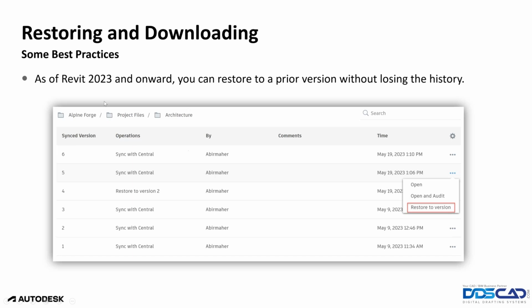And so beyond that, as of Revit 2023 and beyond, you can actually restore to a prior version directly without losing the history, which is pretty nice. So you click here, restore version, and then it'll actually allow you to restore from that previous version directly in here. Next time you open, you're looking at the previous version. It's a pretty nice tool, has made a lot of customers very happy recently when we pointed that out to them.